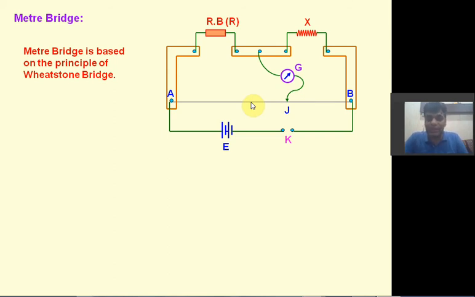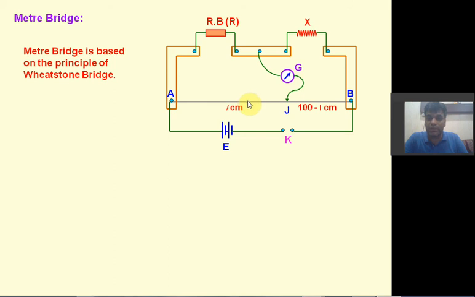This is the condition for balancing the bridge, that is we move the jockey along AB where we get no deflection. That means at that point we can say the bridge is balanced, and the current is 0 when we move this jockey along this wire.